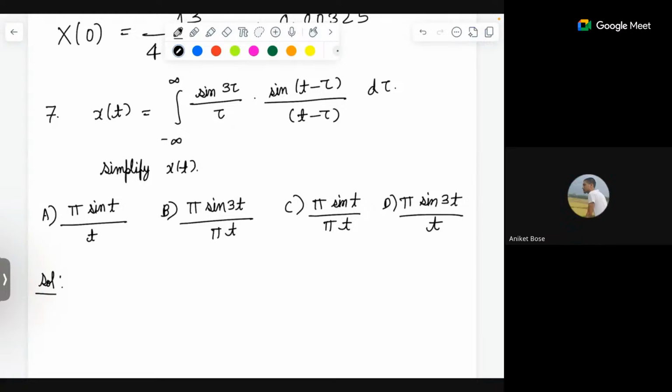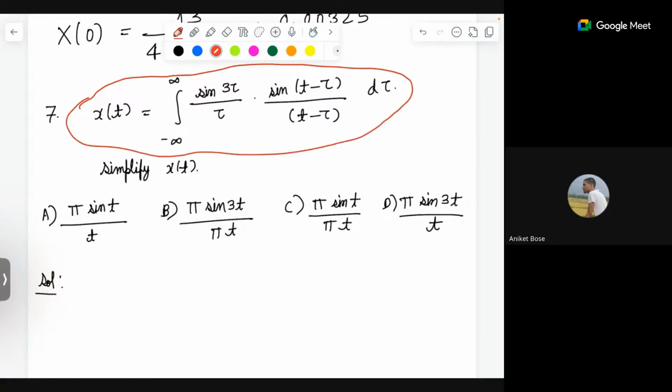Yes, ma'am. Now I want you to closely observe this x(t). And I am writing the convolution equation here. So x1(t) convolved with x2(t) is equal to the integral of x1(τ) x2(t − τ) dτ.